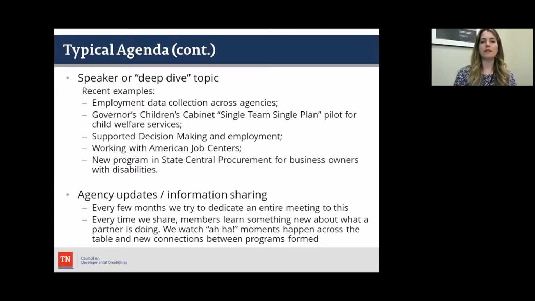Our goal is to come up with one collective metric for Tennessee, which, as any of you who work in state government may know, every state agency, whether we're talking about vocational rehabilitation or a waiver program, may be providing similar services, but their metrics are totally different. And so it's hard to come up with one single employment rate goal for the state. And who are we talking about? Are we talking about all disability? Are we talking about ID and DD?